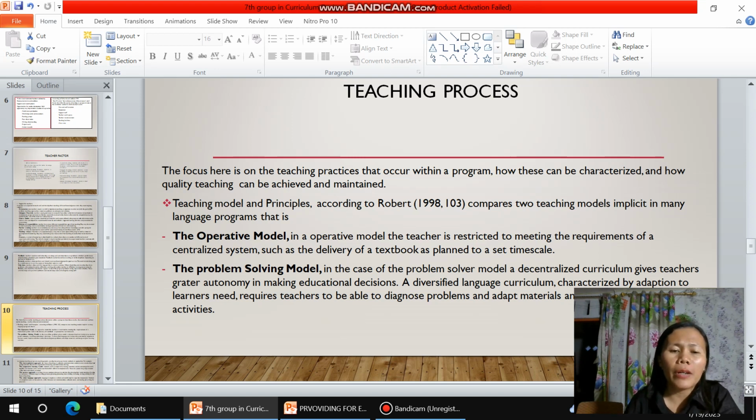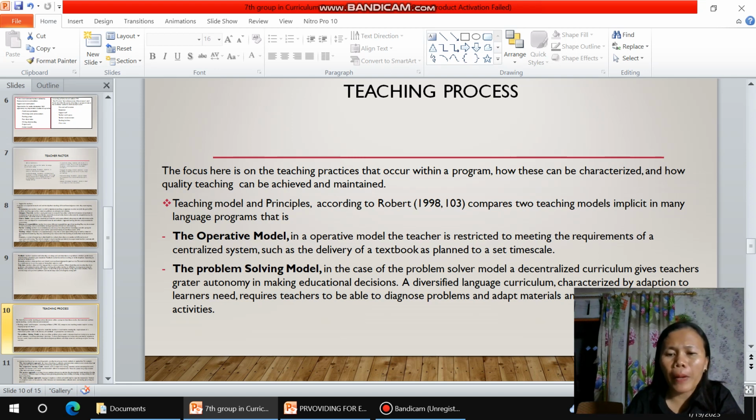That is, first, the operative model. It means in the operative model, the teacher is restricted to meeting the requirements of a centralized system, such as the delivery of a textbook as planned to a set time scale. And the second, the problem-solving model.